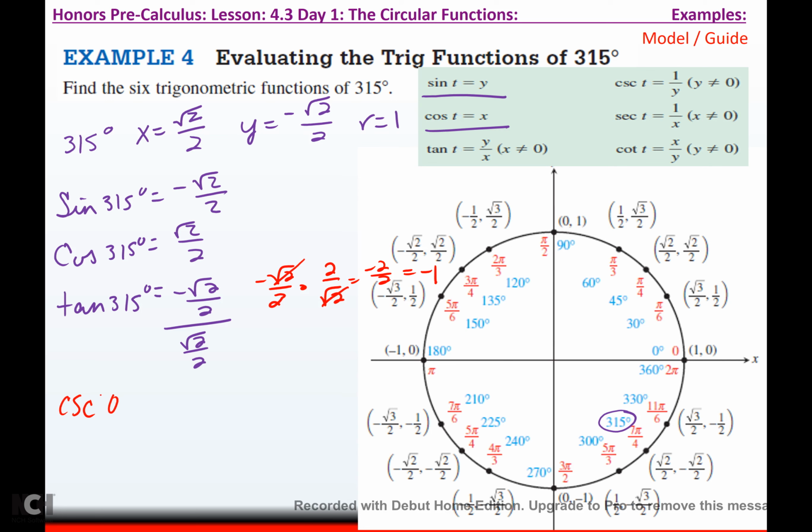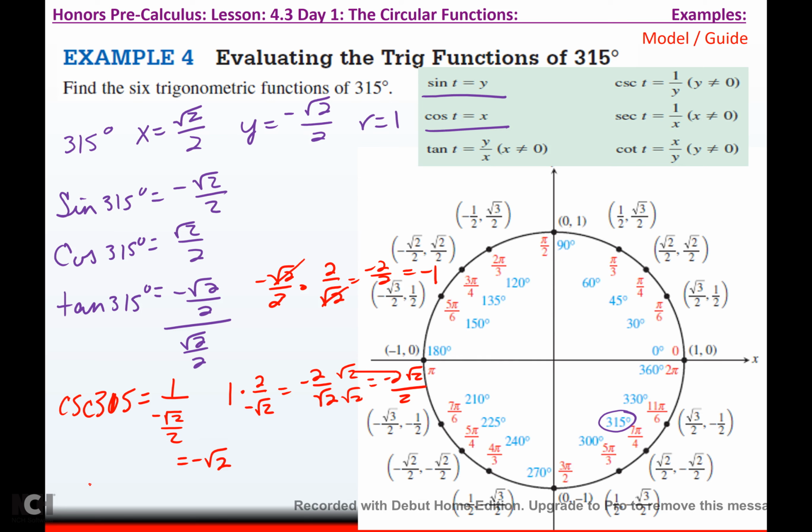Cosecant of theta of 315 would be 1 over the y-coordinate, which would be negative square root of 2 over 2. Again, keep, change, flip, and I get negative 2 over the square root of 2. Rationalize, and I get negative 2 square roots of 2 over 2, which that just cancels and gives me a negative square root of 2. Yeah?